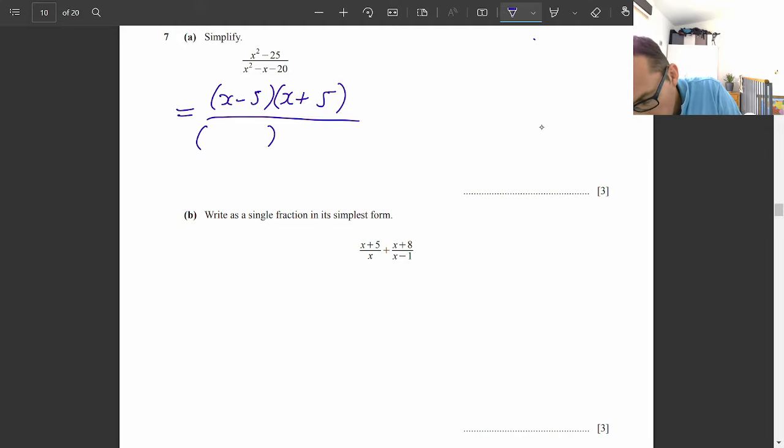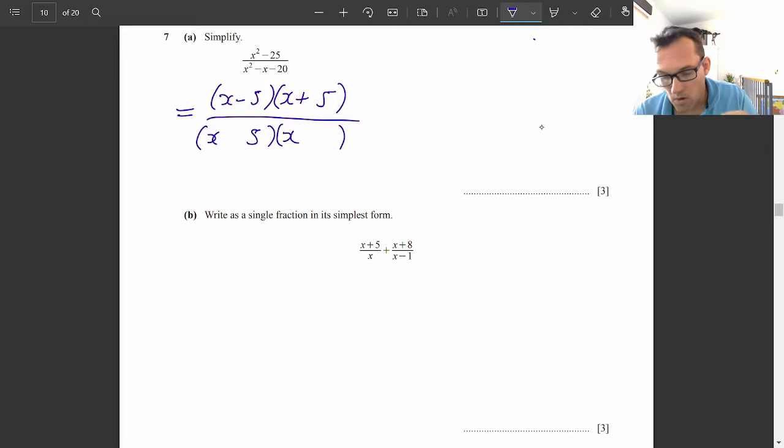Again, below the line, we're going to factorize a quadratic. So it's 2 brackets, x and x. Now, the thing that helps us out here is that 99% of the time, 2 of the brackets on the numerator and the denominator will be the same. So we know at least one of these is going to be a 5.